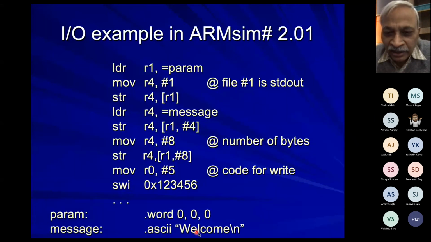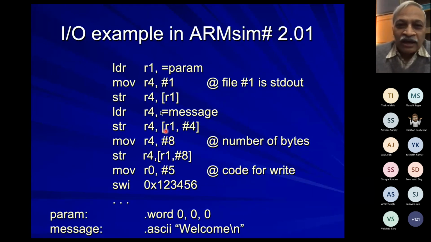In this case, there are 8 characters, so I'm not terminating it with 0. I know that there are 8 characters, so this is the third parameter. Once I initialize these 3 parameters in this memory area, and R0, R1 have the right values, I can give a SWI call. It may look a little cumbersome, but that's how it is.